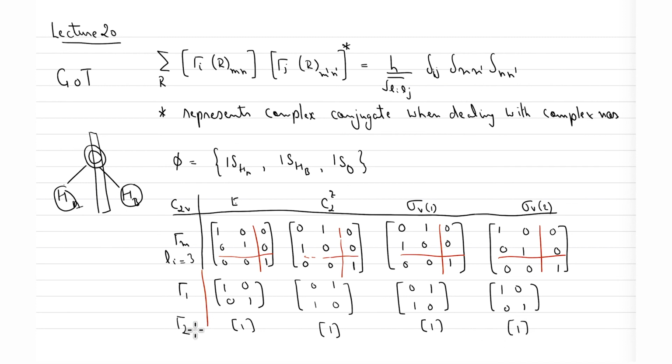So at this point I know that this one is an irreducible representation because it is already of order 1. You cannot reduce this further, so this is irreducible.